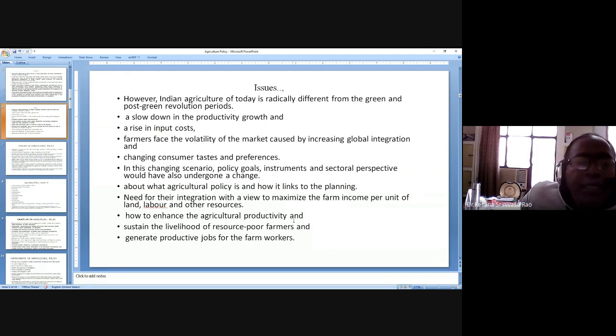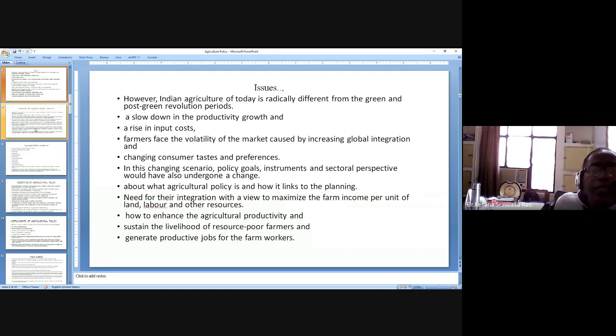However, Indian agriculture of today is radically different from the green and post-green revolution periods. As you know, the green revolution is the major change which has brought a large number of changes. I hope you can understand that the green revolution is a basic, important component of the Indian agriculture system.